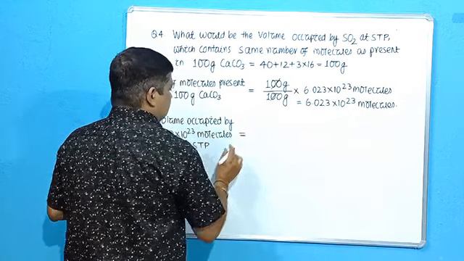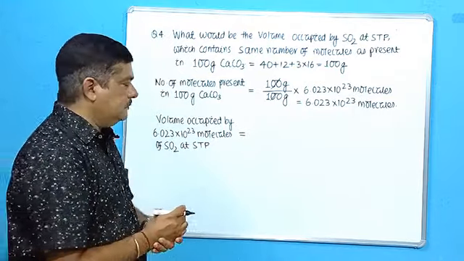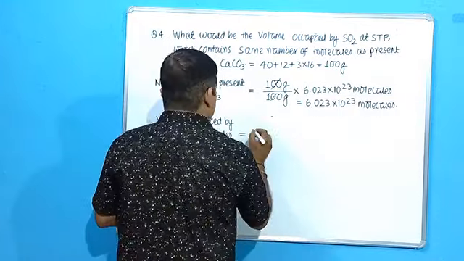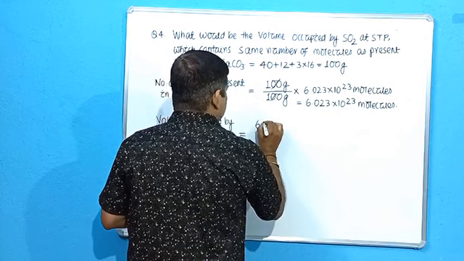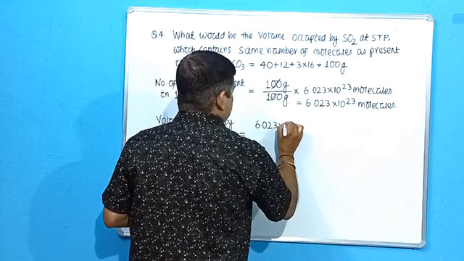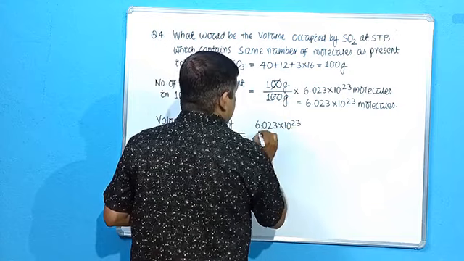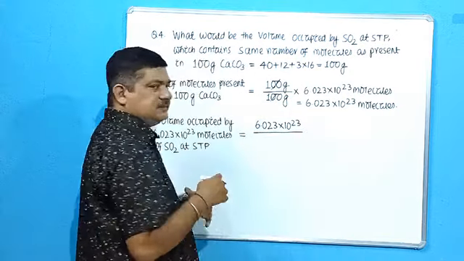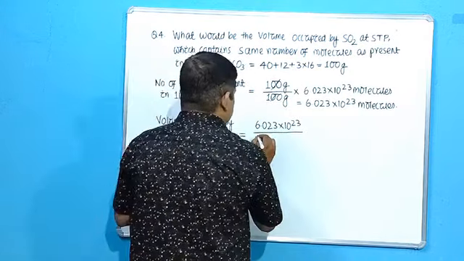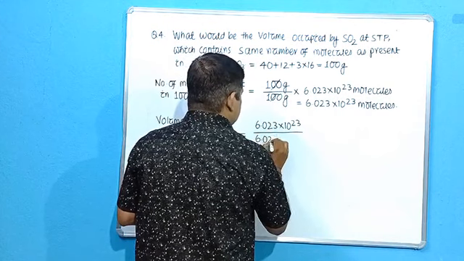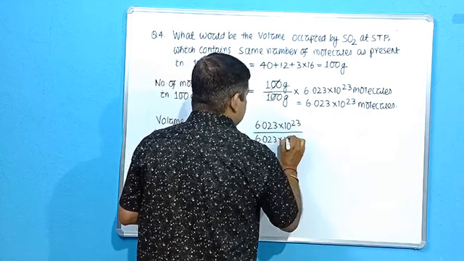How to find out? First, from molecules, we have to find the number of moles. Given molecules 6.023 into 10 to the power 23, divided by the number of molecules present in 1 mole, that is 6.023 into 10 to the power 23.